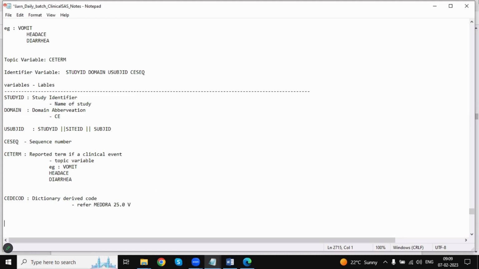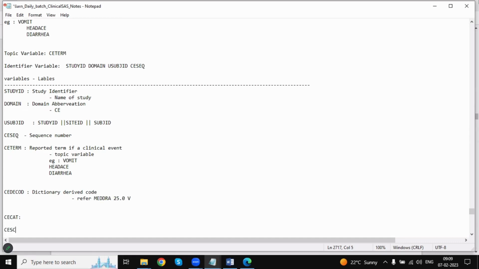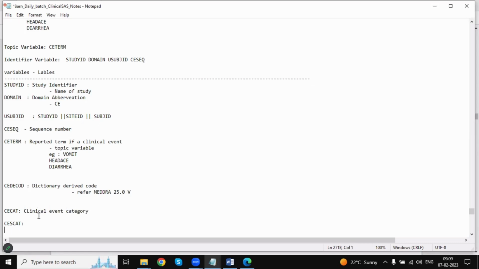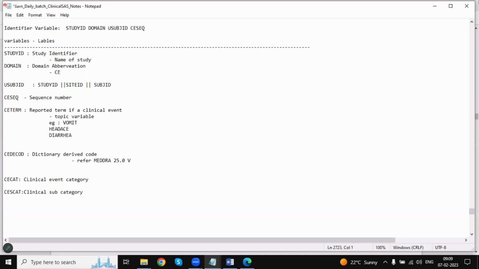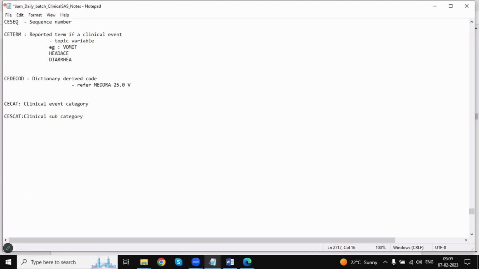Next, we have the CE category variable and subcategory variable also. Clinical event category, clinical event subcategory. Based on the given terms, you can categorize them.